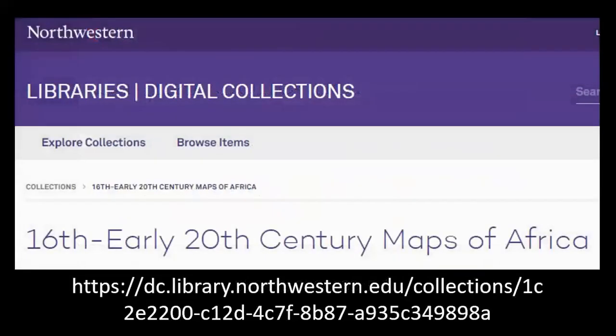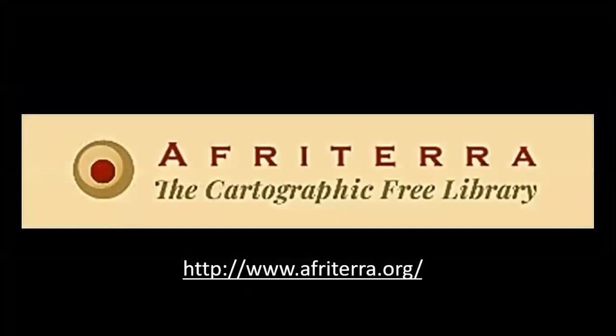Northwestern University Libraries have digital collections as well, dealing again from the early 16th century to the early 20th century. And finally, Afroterra, the Cartographic Free Library, is definitely worth checking out and exploring in detail.